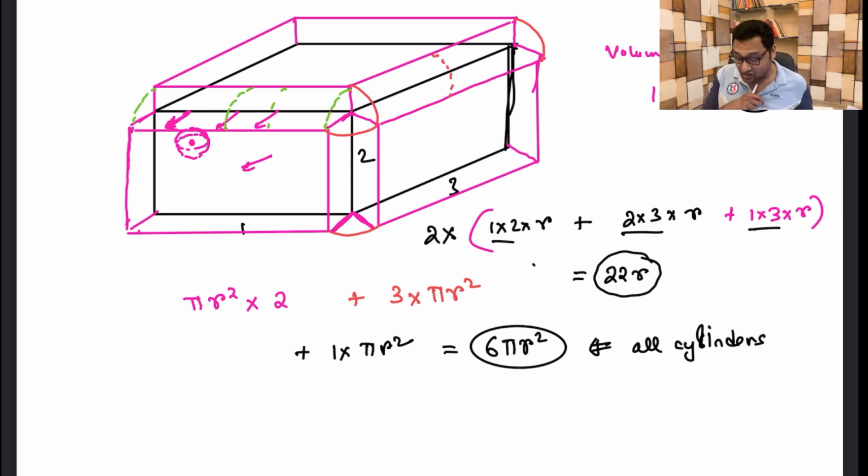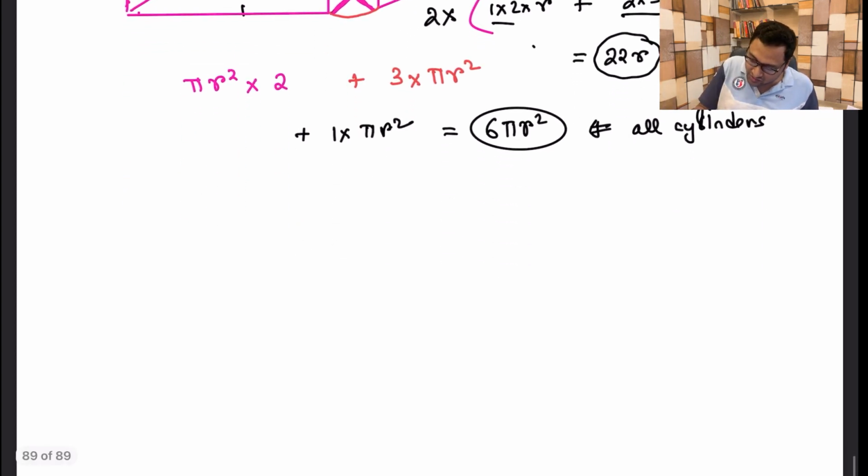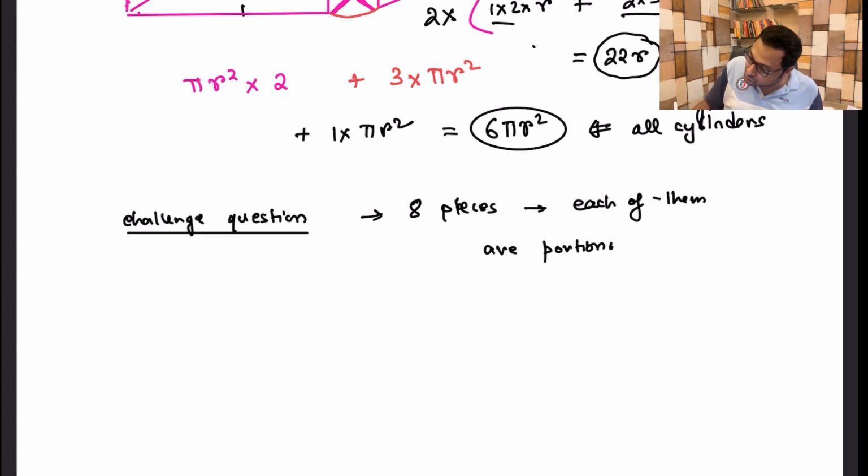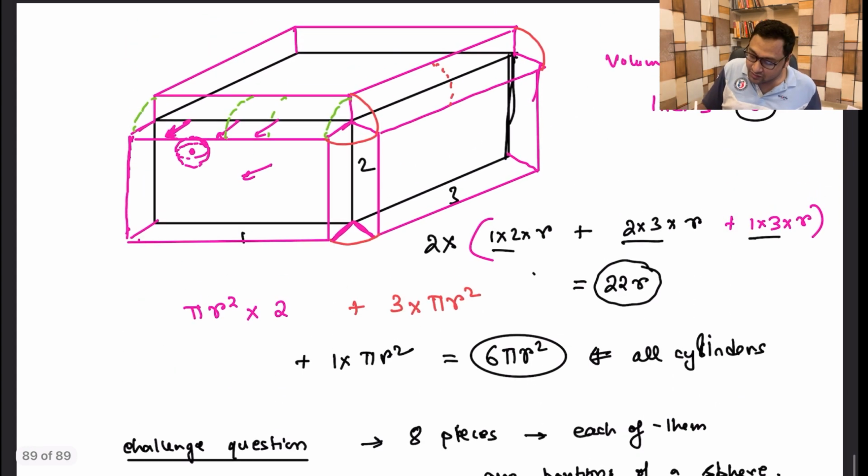So now here comes the challenge question. We have 8 pieces and each of them are portions of a sphere that you can see from this one edge that I have here.